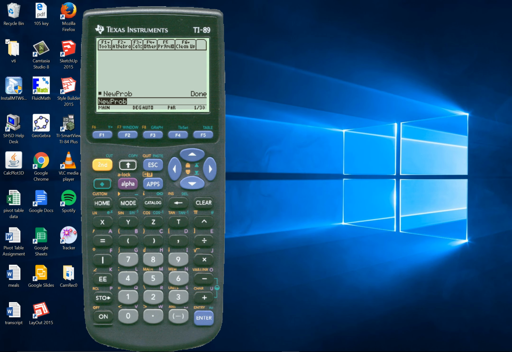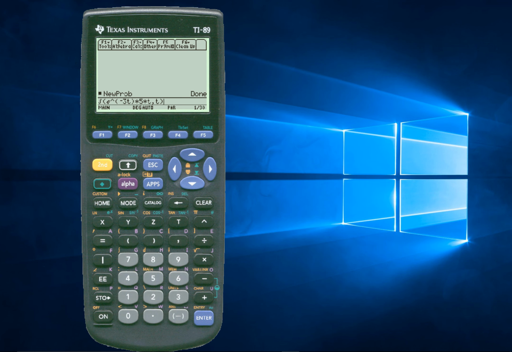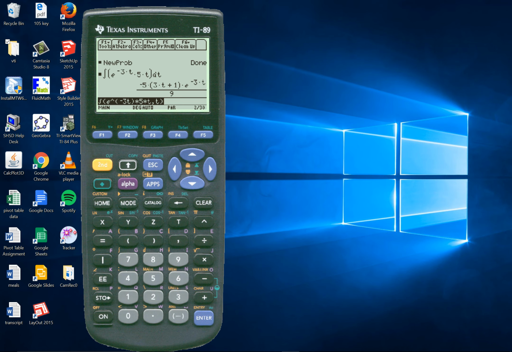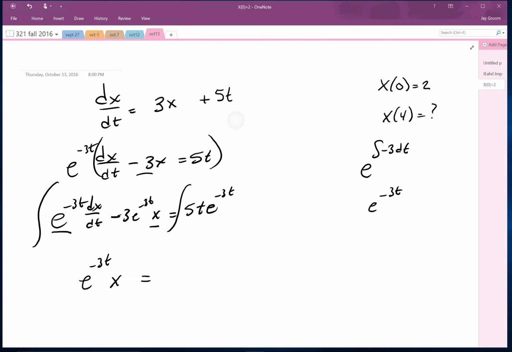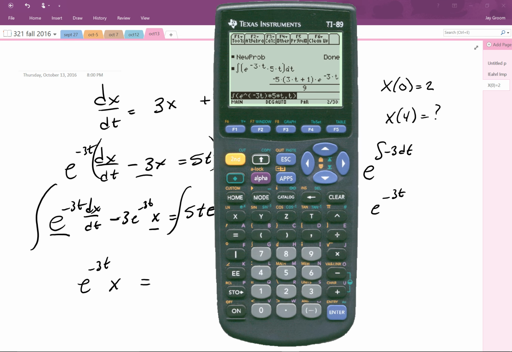So I'm going to integrate e to the negative 3t times 5 times t, comma t. Isn't that what it was? 5t e to the negative 3t. That'll do it. So it comes out to be that mess right there.